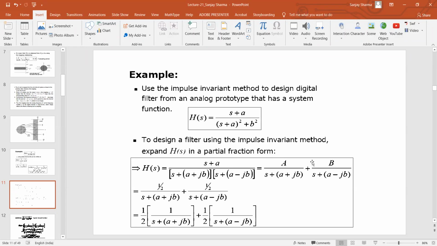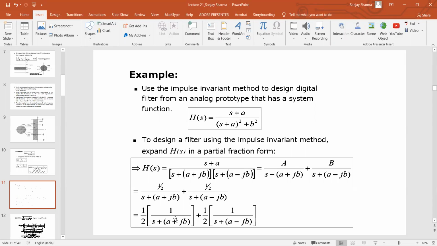The partial fractions will give me half over s plus a plus jb, and half over s plus a minus jb. These are the roots that I will get. So I can express this as 1 over s plus b, where the pole is a plus jb.